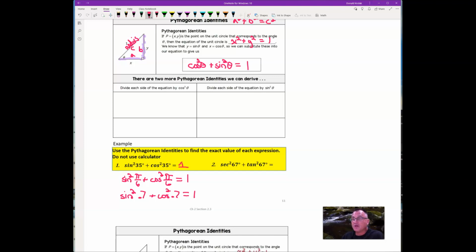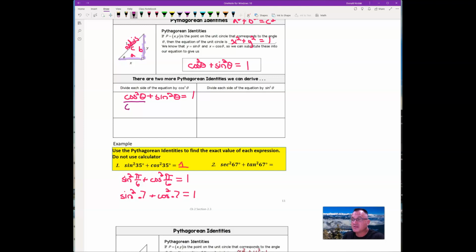Okay, now there's 2 more identities that are related to this one. The way you get the first one is that you take this formula, the Pythagorean identity, which is this one that I'm writing, okay, and you divide each side of the equation by cosine squared.